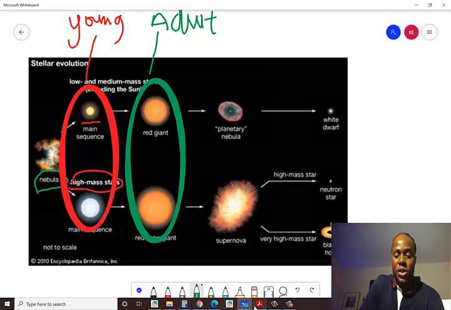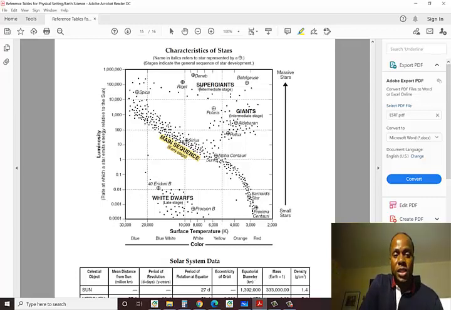And that phase in your Earth Science Reference Tables is the giant phase. So that would be the giant phase or the supergiant phase of that star. Both the red giant phase and supergiant phase are the intermediate phase of a star.